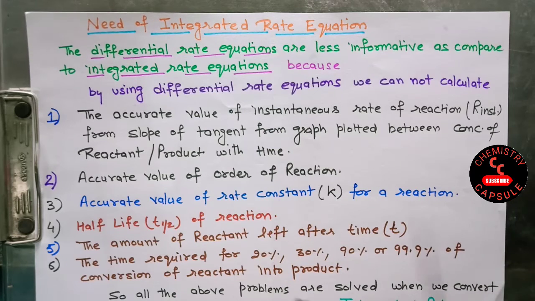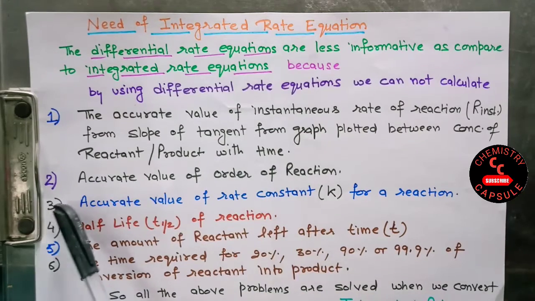And we know that we can calculate the instantaneous rate of reaction by using graph by slope of the tangent to the curve which is obtained in the graph which is plotted between concentration of reactant or product with time.